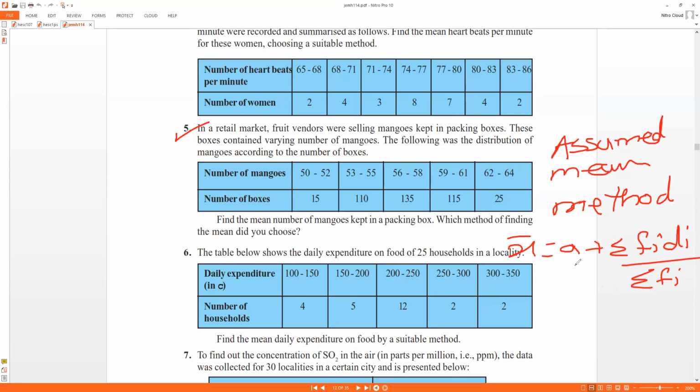What did you assume as the assumed mean? 57. Okay, very good. So my mean is coming 57.19. Okay. What is sigma fi di?